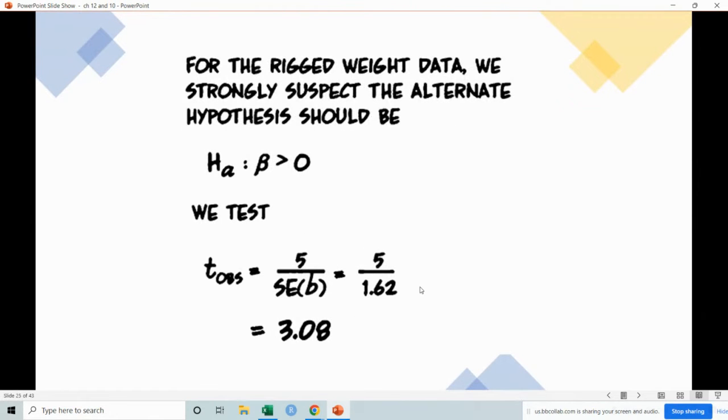For the rigged weight data, we strongly suspect that the alternate hypothesis should be beta is greater than 0. Typically you're going to use a two-tailed test unless you have a strong idea of the direction of the relationship. When you use a two-tailed test, you divide that alpha level up into two tails, making the area that you have to exceed to get a significant test smaller.